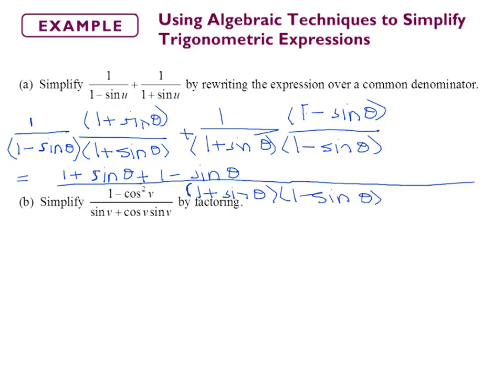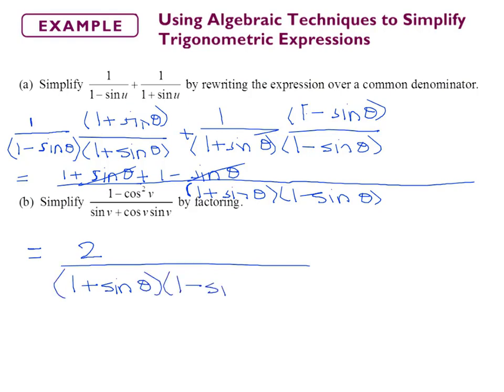Does that make sense? I know it's kind of mushing together. I'll use the bottom as well. So here I have 2. This plus sine theta and the minus sine theta cancel, and I get 2 over 1 plus sine theta times 1 minus sine theta. Is everybody with me?